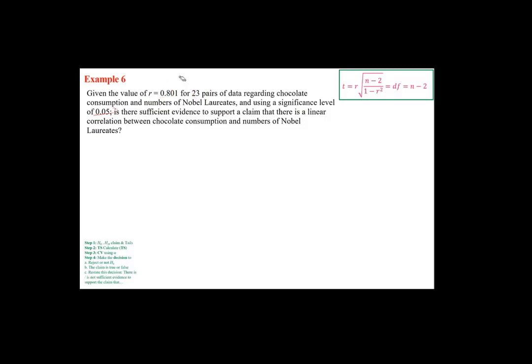So this is R again. So H0 and H1, we are repeating the same thing. H0 rho is 0, H1 rho is not 0, and that is a two-tailed test, and that is the claim.